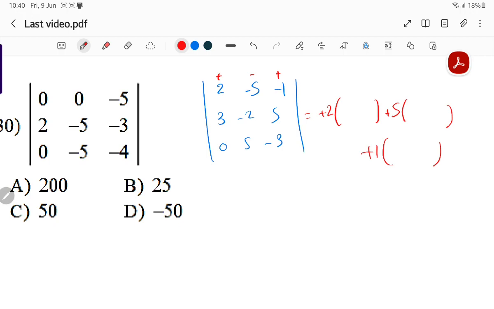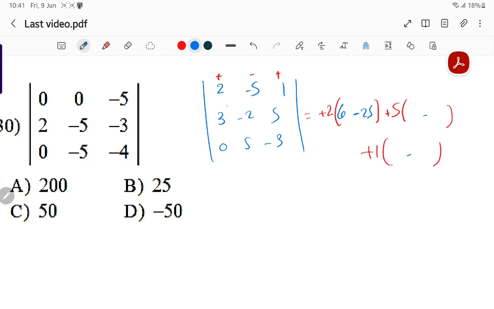What should we put in the bracket? Actually, it should be the subtracted difference, but sometimes they change because when we multiply negative by negative, it's positive. So the first one, we cancel the row and the column of 2. We do cross multiplication: negative 2 times negative 3, it's 6, minus 5 times 5 is 25.